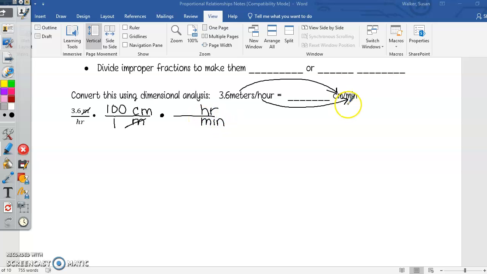And that's okay, because look right here. See that slash? Minutes is on bottom. We know that by heart. 1 hour is equal to 60 minutes. Okay? Now, hours down, hours up. Those units cross out. So now when I look at my units, I have centimeters per minute. Perfect. That's what I wanted.